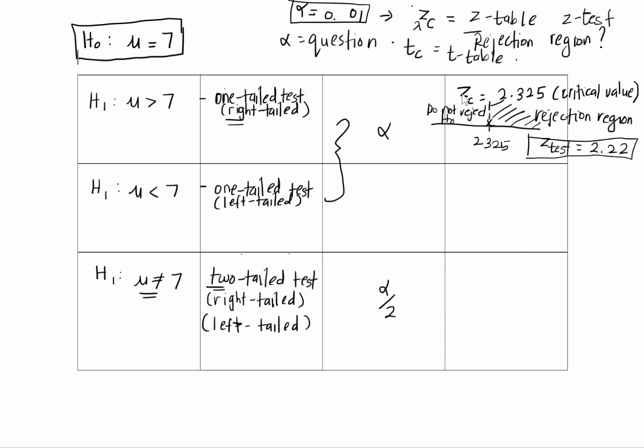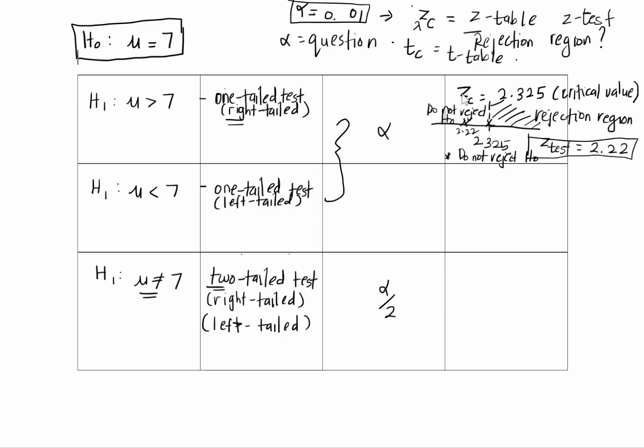Now 2.22 is here, which falls in the non-rejection region. So our decision is do not reject H naught.